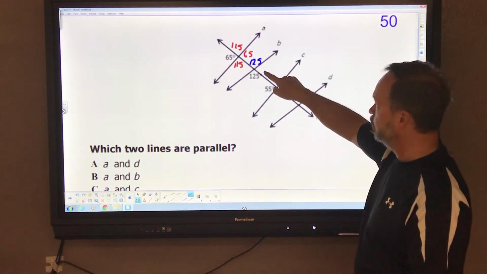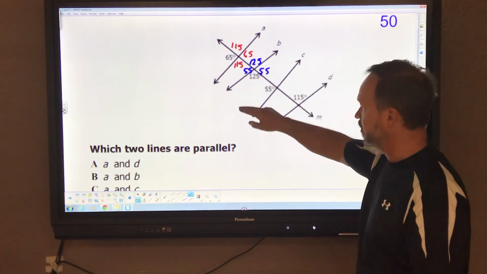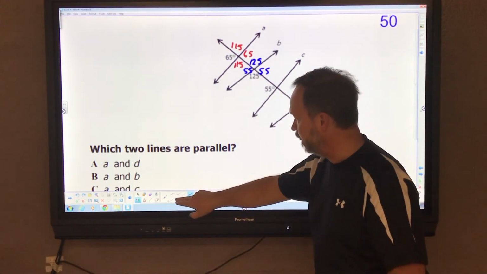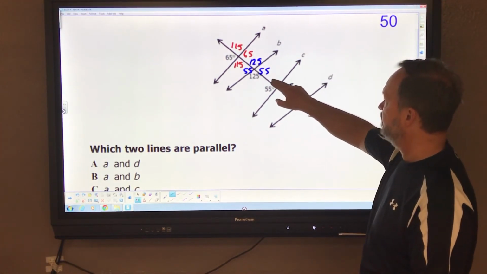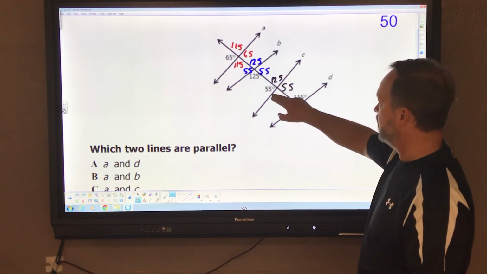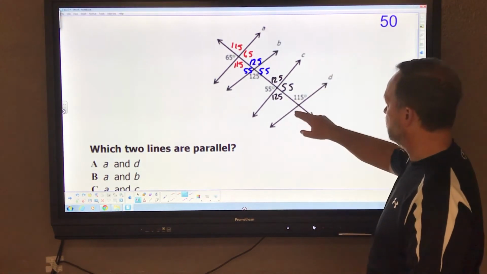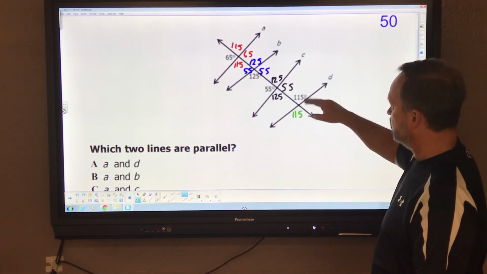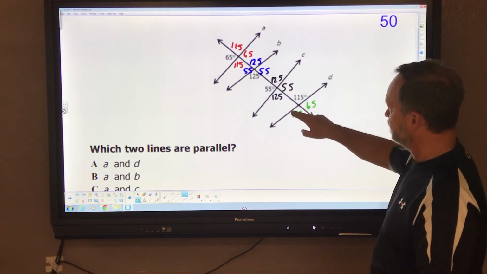And so this one would be 55, because they got to add up to 180. Let me choose another color. So it's 55, and that's 55, and that's 125, and that's 125. And then the final one here, that's 115, because those are vertical. And then that one is 65.